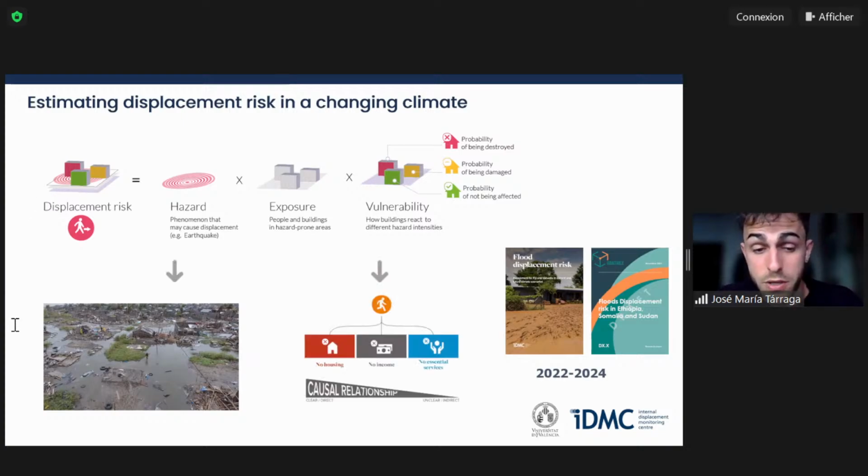You have the exposure, the people that are living in that area, and you have also a vulnerability factor that is relatively difficult to quantify correctly because it depends on a lot of socioeconomic factors, and some of the causal relationships within this vulnerability node are unclear or indirect. So what we did here is try to account for all these three dimensions of displacement risk in our study.